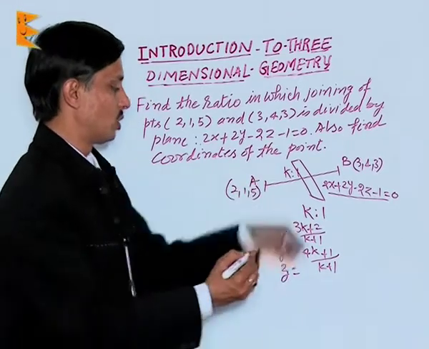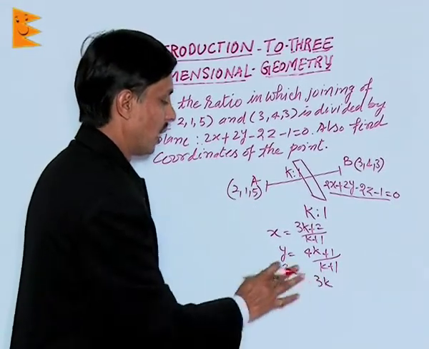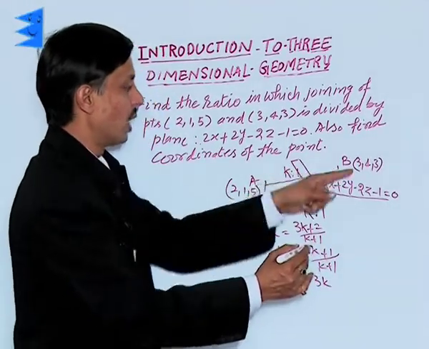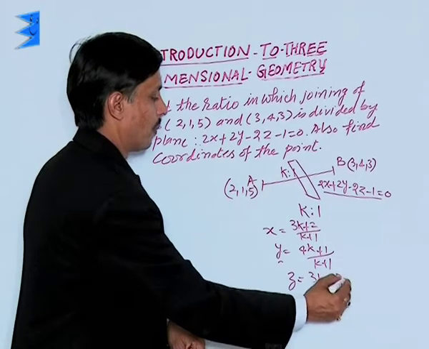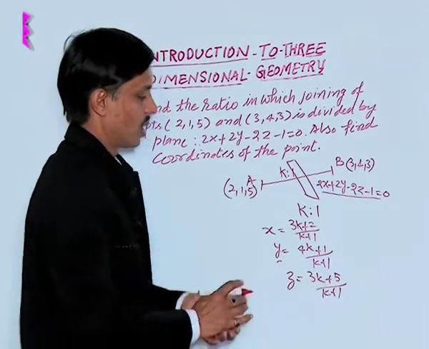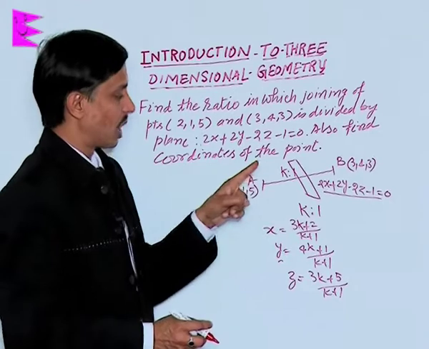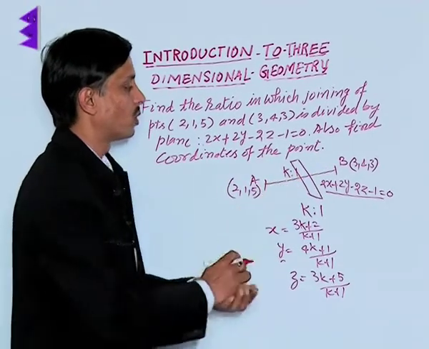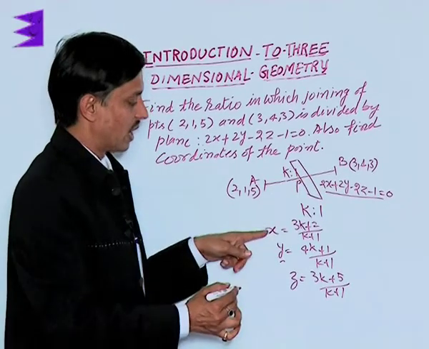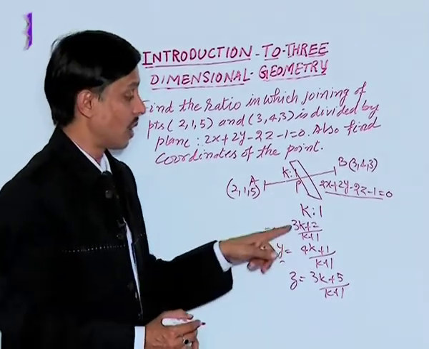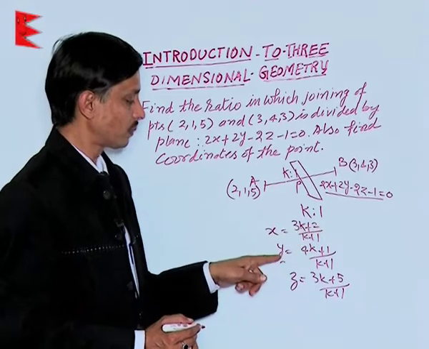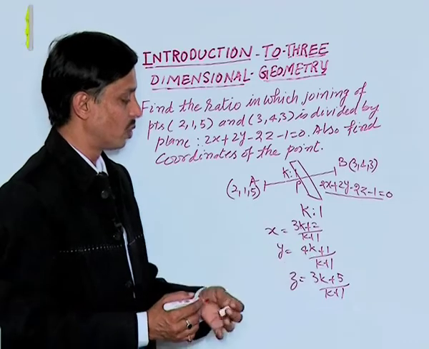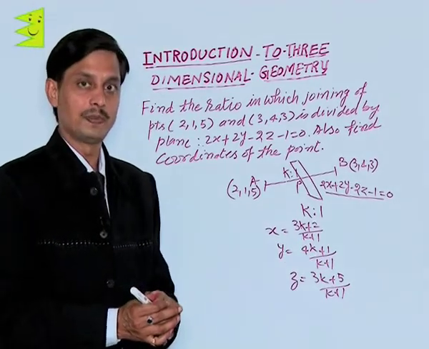And for z, the answer will come out (3k + 5) upon (k + 1). This plane is separating the joining of A and B in the ratio k is to 1, so the coordinates of that point P are x = (3k + 2)/(k + 1), y = (4k + 1)/(k + 1), z = (3k + 5)/(k + 1).